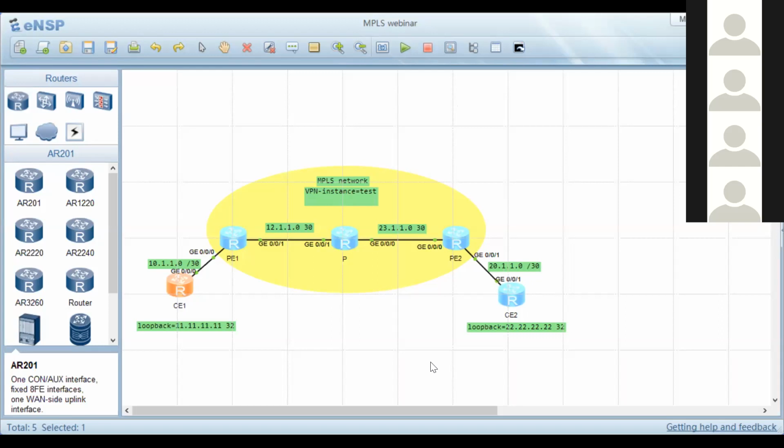The main significance of VRF, as I tried to show on this one: when we configure VRF on the PE routers, that means the provider edge router, we configure the route distinguisher and the route target, and it also enables us to use the same IP.